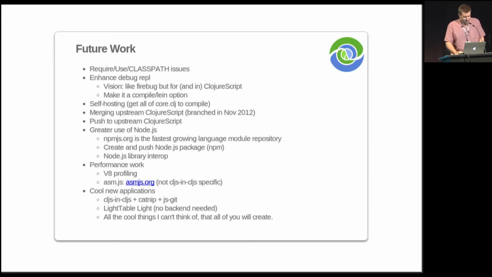So there's a bunch of performance work that could be done. I haven't even pulled up the V8 profiler to look at where the hotspots are. There's also an interesting project called asm.js out of Mozilla, related to Scripten, and this is a strict subset of JavaScript that allows the JavaScript JIT to generate highly optimized code.